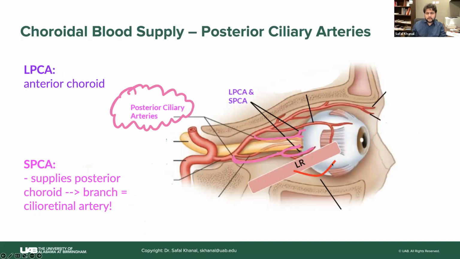So when you look at the outer retina, the blood supply is often coming from the choroidal capillaries. Now the supply to the choroid itself comes from the long posterior ciliary arteries and short posterior ciliary arteries. So the short posterior ciliary arteries supply the posterior choroid, and the long posterior ciliary arteries supply the anterior choroid.